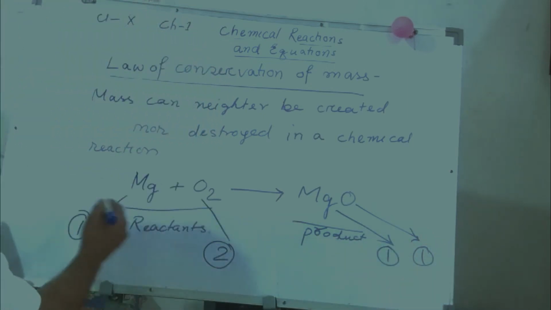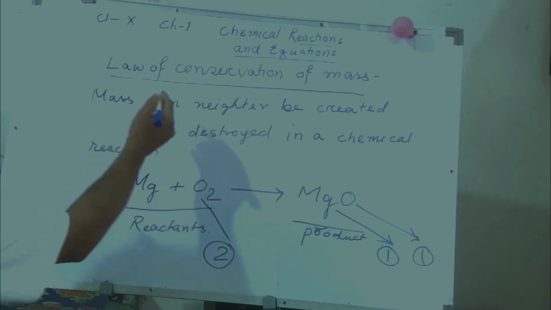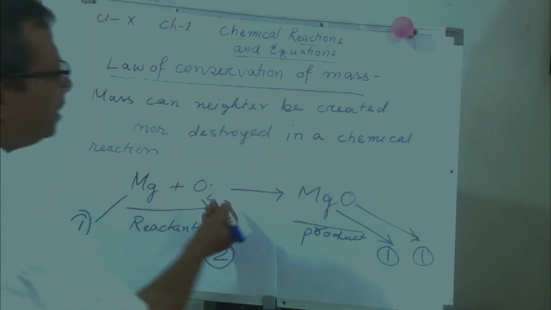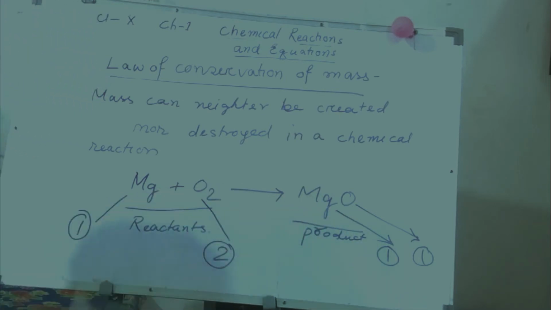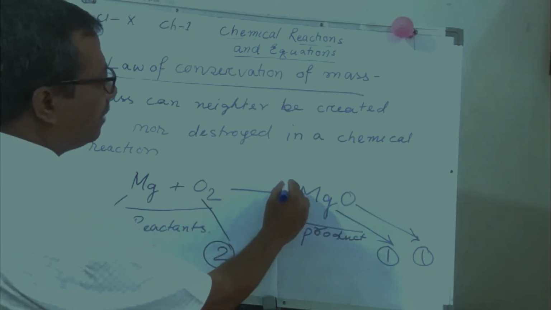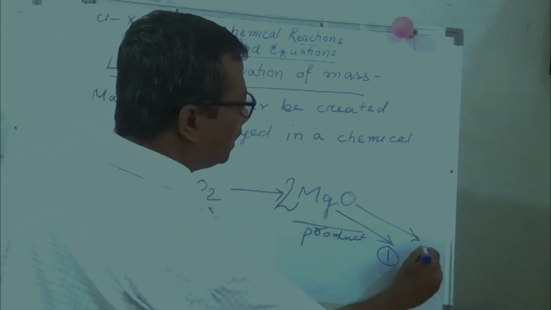So, it has to be balanced because according to the law of conservation of mass, the mass should be equal on both sides of the reaction. So to make the oxygen atom 2, we have to multiply by 2 here. So oxygen is 2 here again.